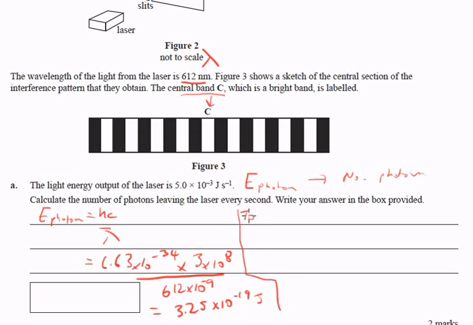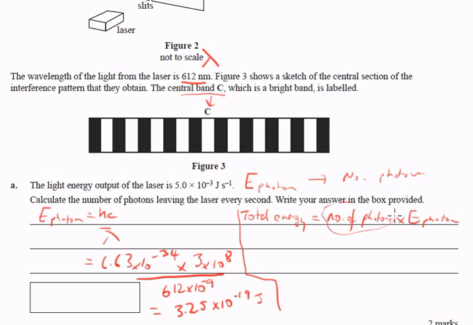Alright, so the total energy is equal to the number of photons times the energy of each photon.